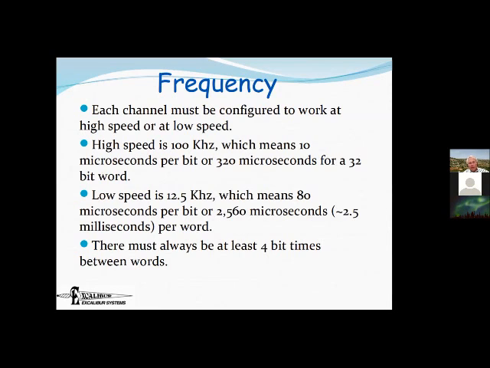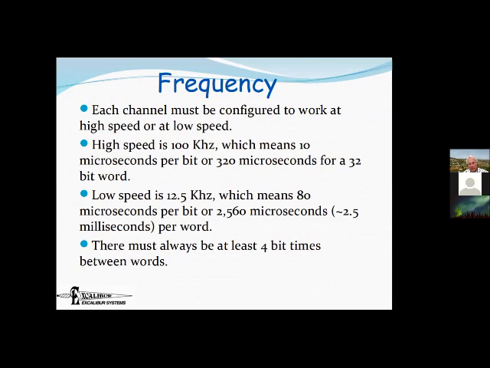Now, since a word is, of course, 32 bits, 10 microseconds per bit translates into 320 microseconds for a full word, and 80 microseconds per bit translates into about 2.5 milliseconds. In addition to the time that the word takes up, the spec defines a minimum of 4 bit times dead time on the bus between labels.